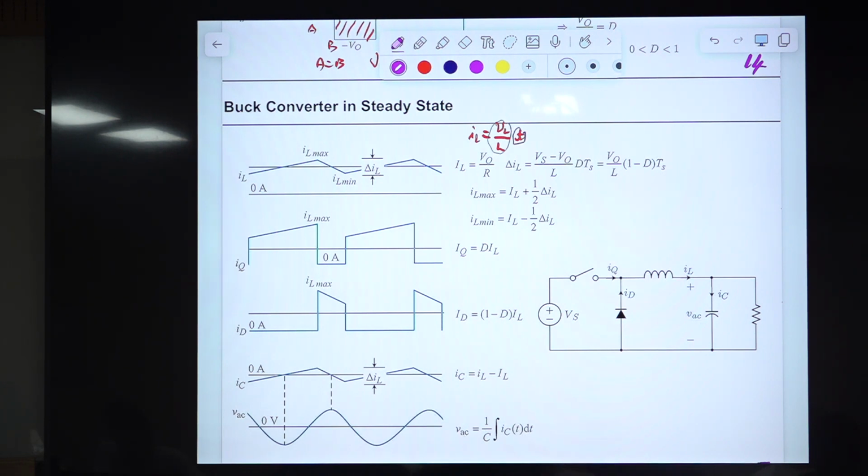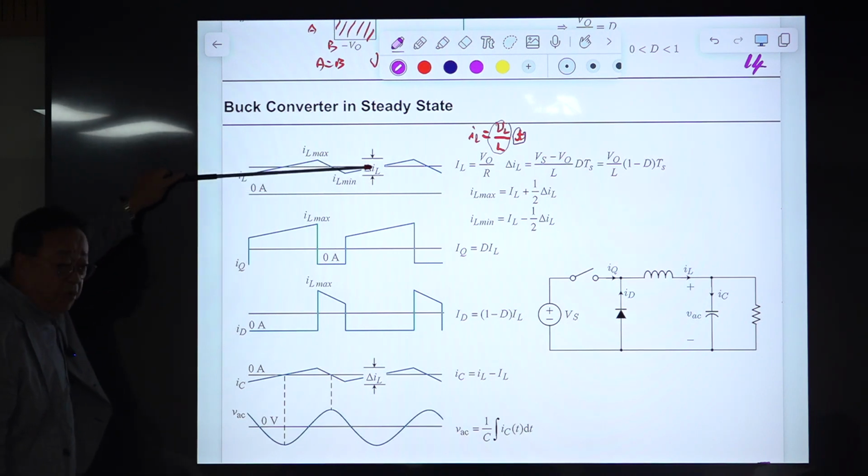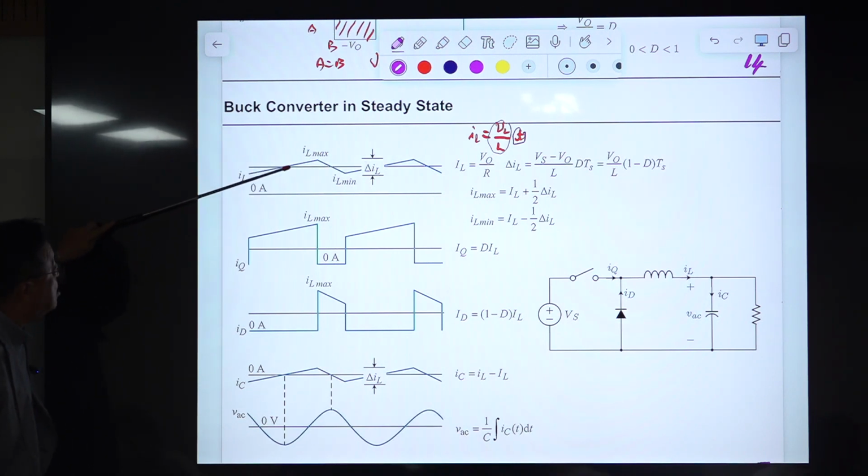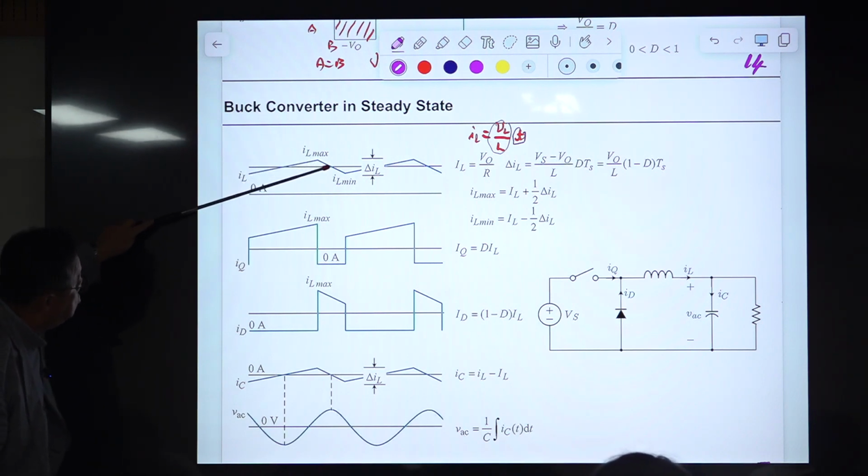So it increases linearly from some value. Why is it not increasing from 0? It has this fixed average value, so it starts from here.